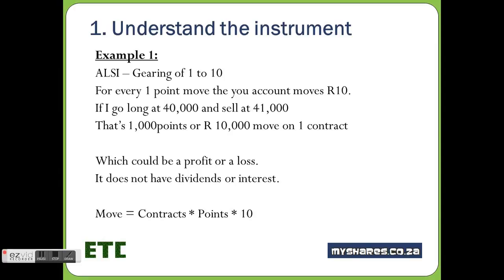The Aussie does not involve share splits, dividends or interest, so that answers the other questions. It's very simply how many points times how many contracts times 10. Because it's geared, that means it's a deposit I put down, not the full amount. That means that there's a chance I can lose more than I've put down, or losses can exceed initial investments.